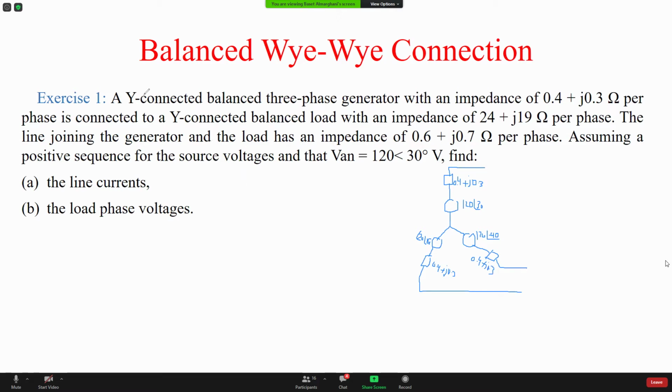So this is the Y connected source. Then it's connected to a Y load. So I'm going to do the load. This is the Y load.